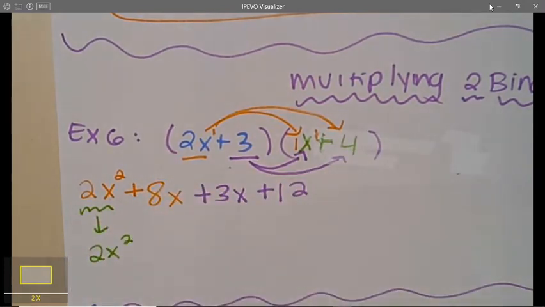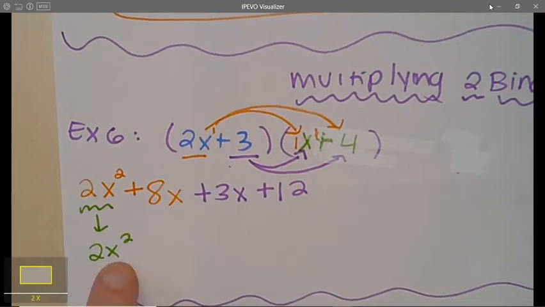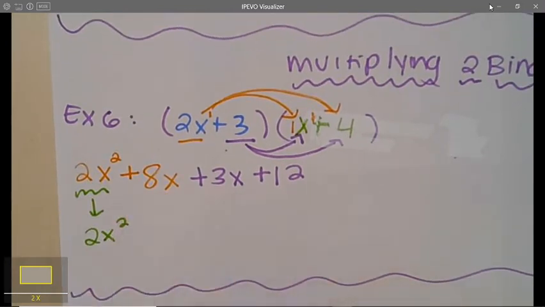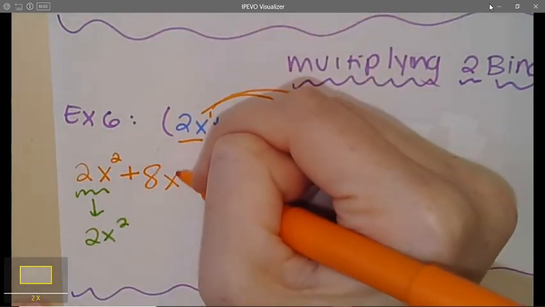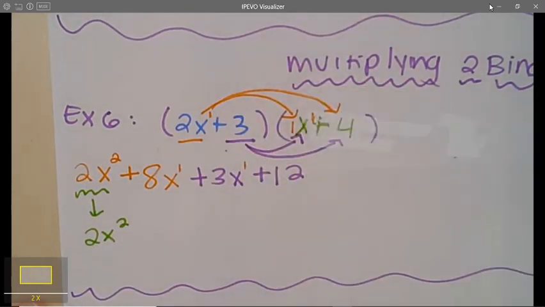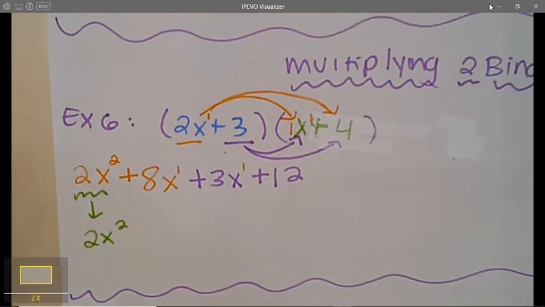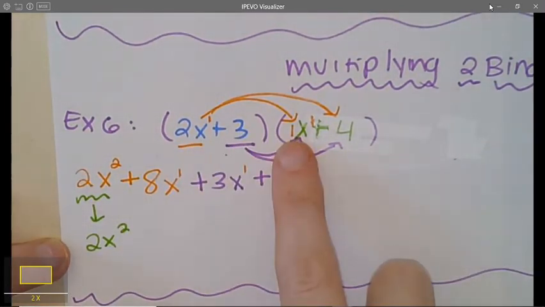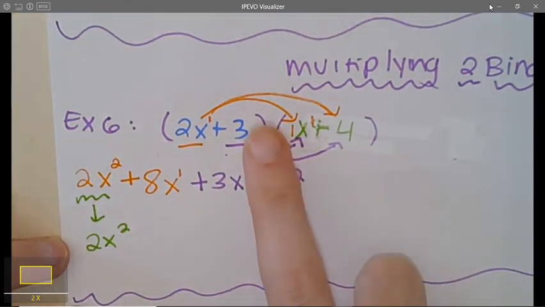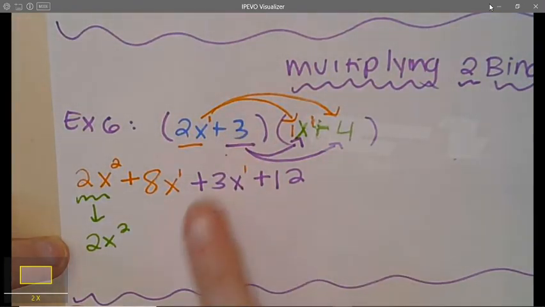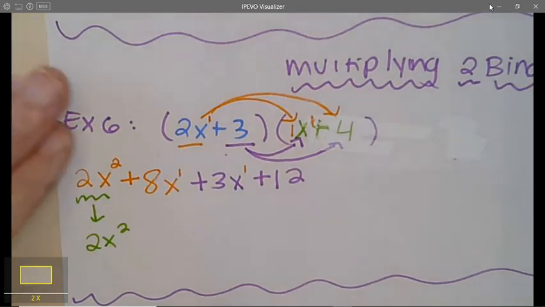Okay, now my next highest exponent, since I started with x squared, is going to be x to the first. These two secretly do have an x to the first. You can list it or you don't have to. Now be careful. When you multiply variables with exponents, you add the exponents. When you add variables with exponents, you don't touch the exponents.